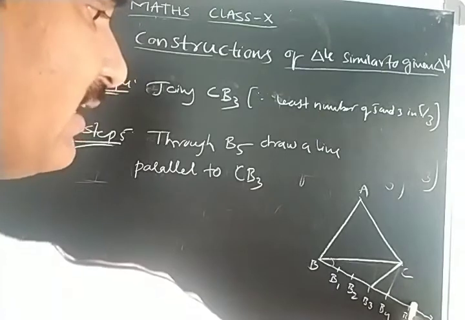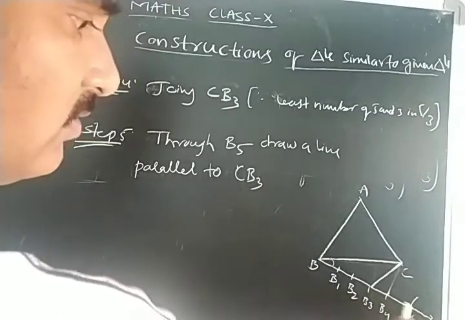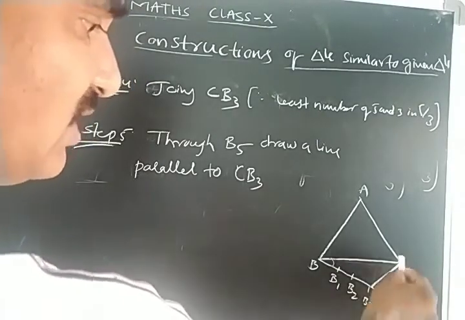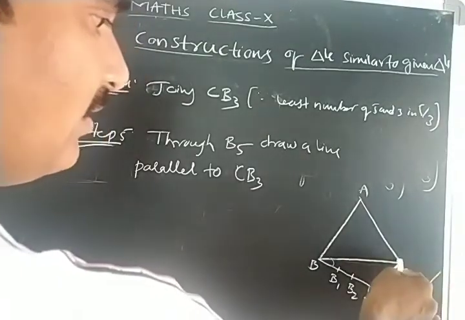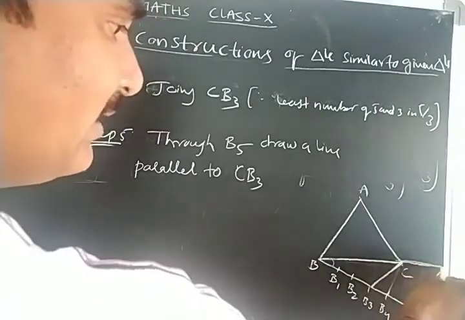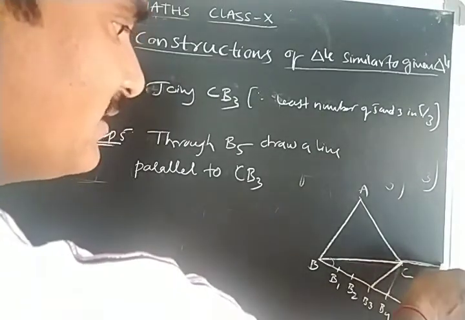So I am drawing a parallel line through B5, which is parallel to CB3. In this way, it will cut the extended line of BC at some point C dash.